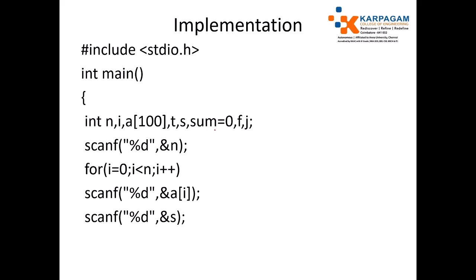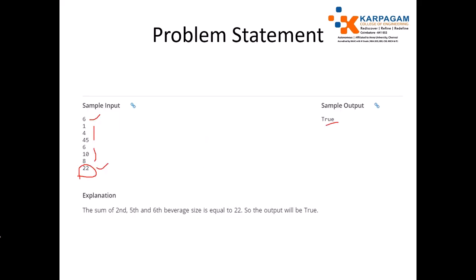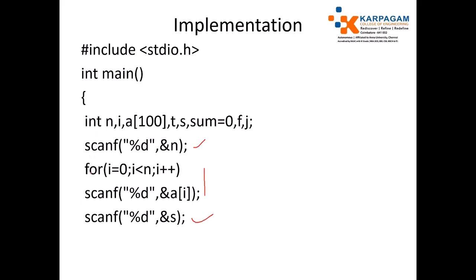So sum is used to temporarily store the sum which we compute by selecting the values, f for flag and j for another indexing. Then the scanf statement gets the array of integers, a set of n values, and sum. Sum means the last value. After getting the array values, just get the sum.